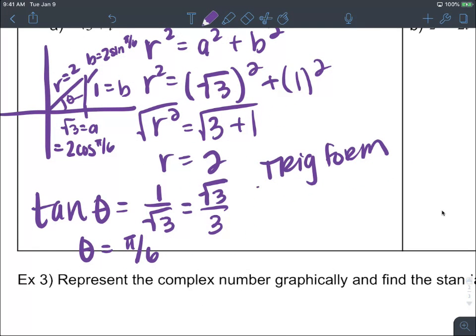You can plug those in and see if it works. So z is equal to, my radius was 2, times the cosine of pi over 6 plus i times the sine of pi over 6. And that is that.